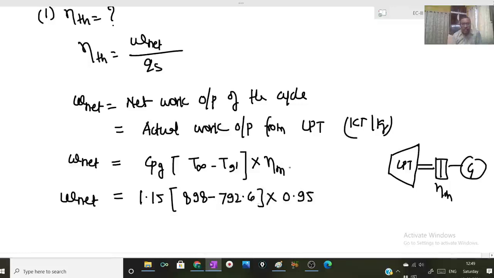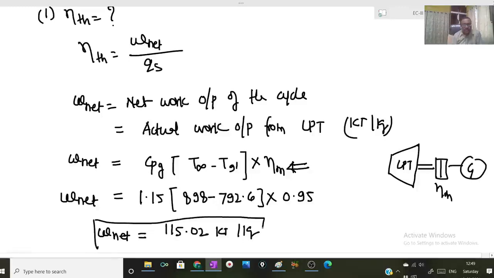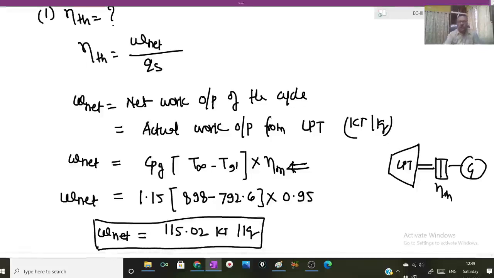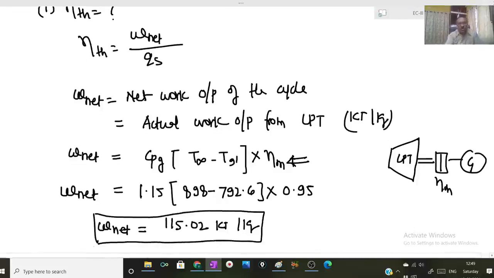So here once again please note how we have taken into consideration mechanical efficiency. So W net will be 115.02 kilojoule per kg. So this is the net work output of the cycle.